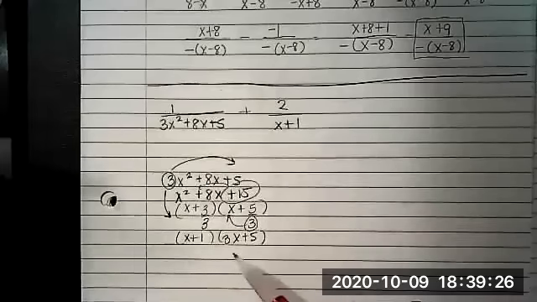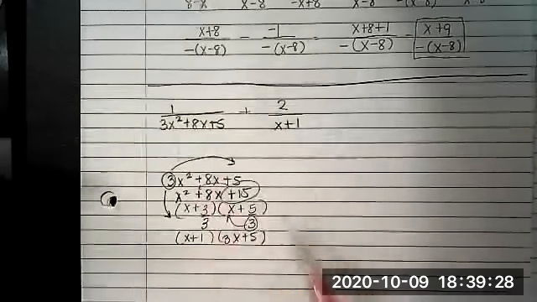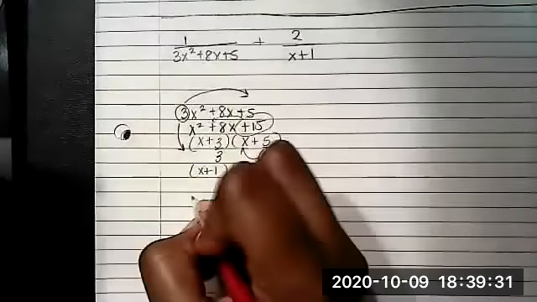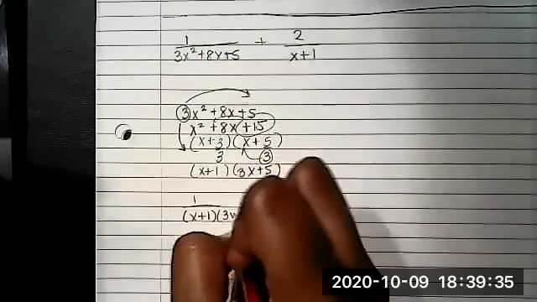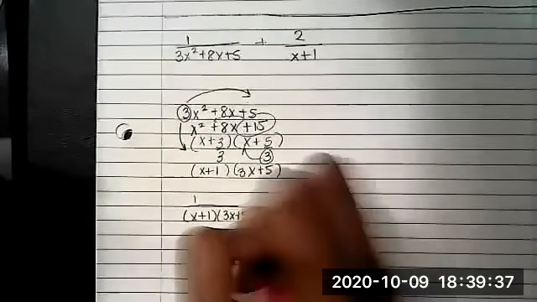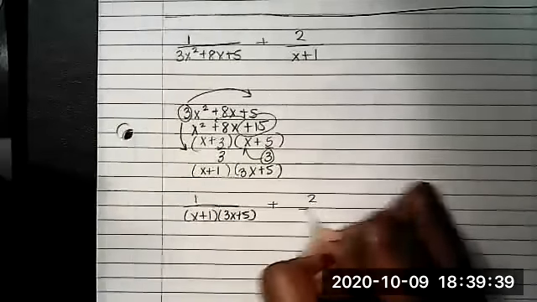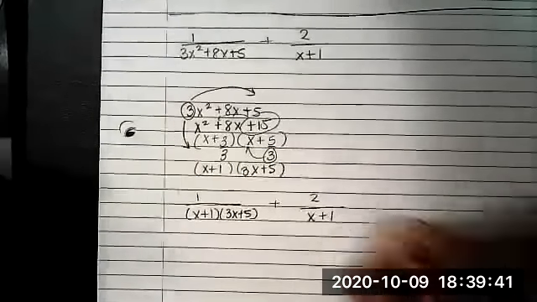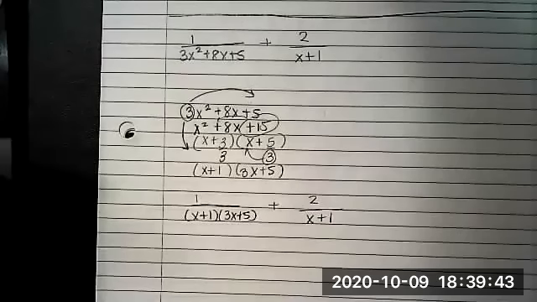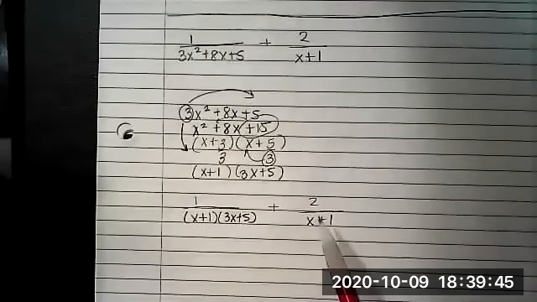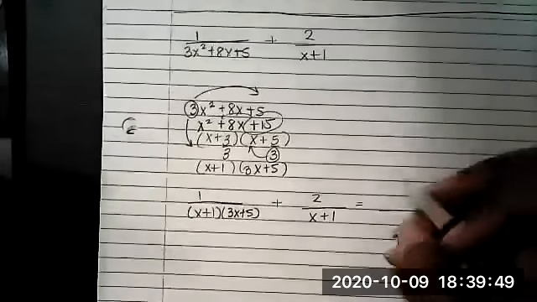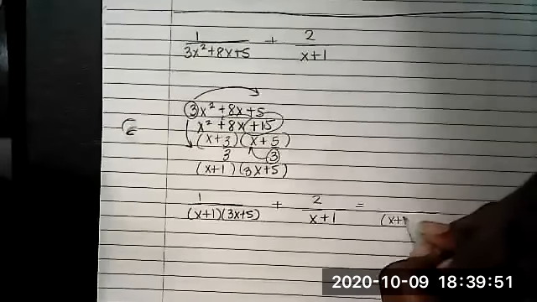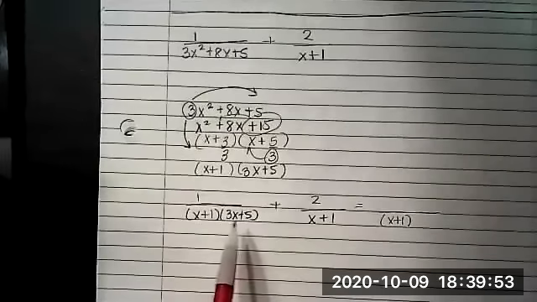Now all of that goes under your fraction. So 1 over x plus 1, 3x plus 5, plus 2 over x plus 1. All right. So we know that x plus 1 is going to be in our LCD. X plus 1 is definitely there, but this one has an actual 3x plus 5.